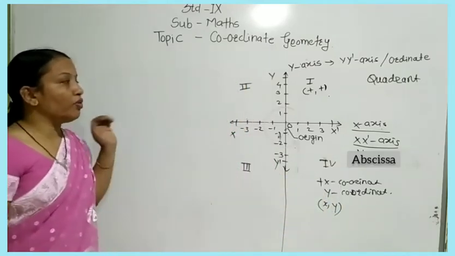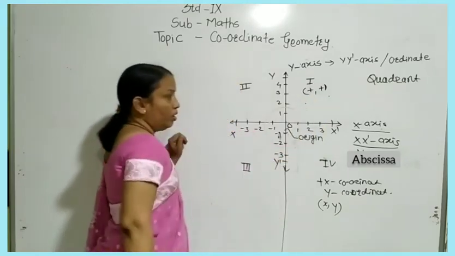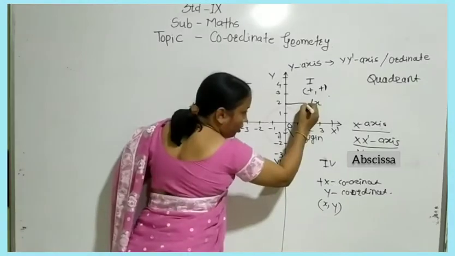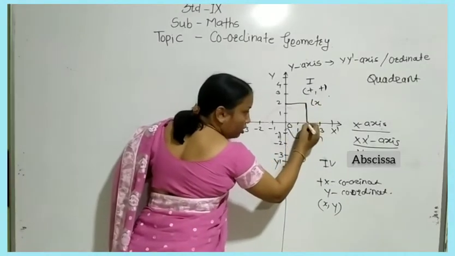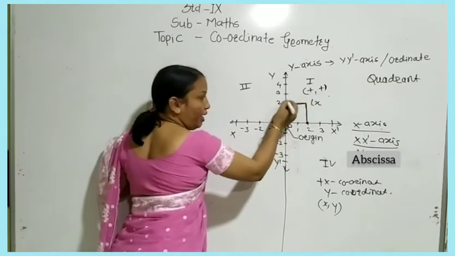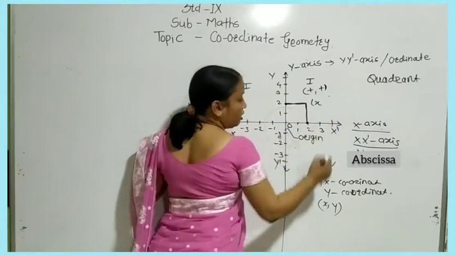Then what are the x and y coordinates of the given point? Suppose I choose this point. Now x coordinate means what? If you take the perpendicular here, that is your x coordinate, and if you take the perpendicular on the y axis, that is your y coordinate. Now what is the x coordinate?